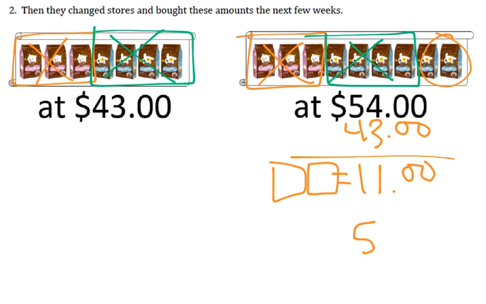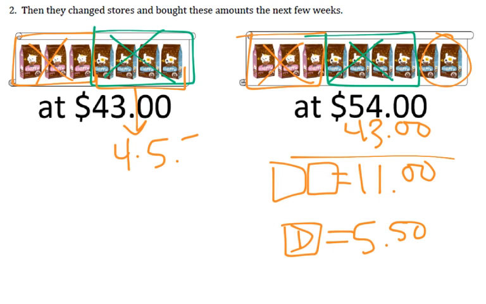Split them in half. That's $5.50, right? For a bag of dog food. Once we know that, 4 of them, 4 times $5.50 would be what, $22? So subtract 22 from 43, and we get $21.